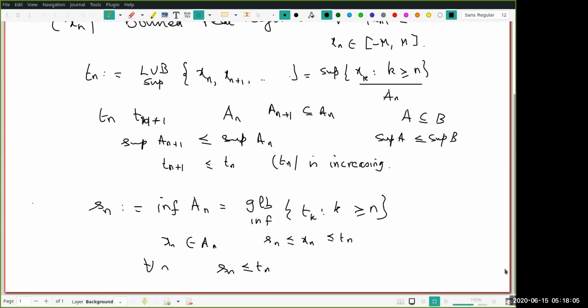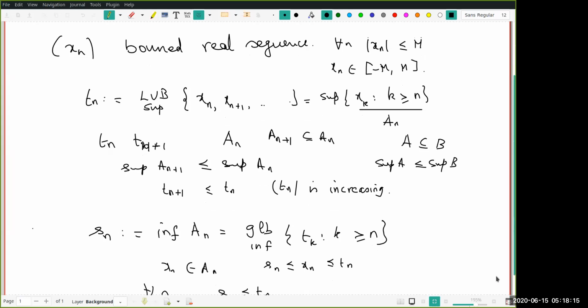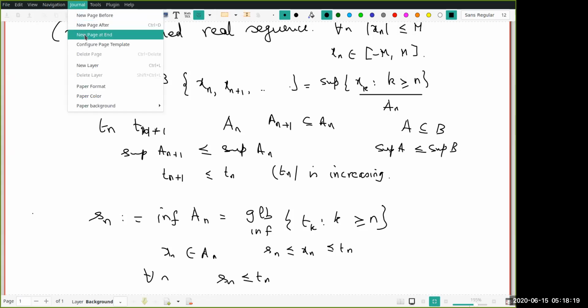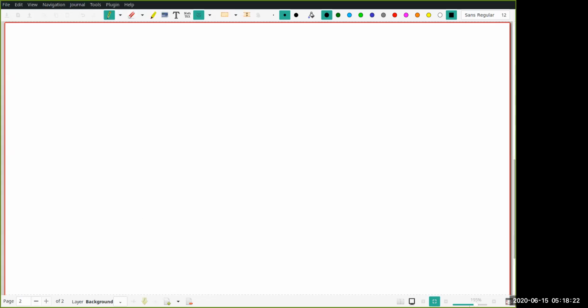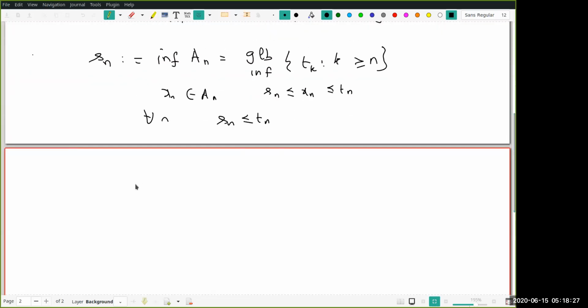Now we want to observe the pattern of Sn. It's a sequence. Notice that we saw Tn is a monotone sequence. So I invite you to make a guess: what do you think the nature of the sequence Sn would be? Again, it depends upon the same answer. Suppose A is a subset of B, assume non-empty. What's the relation between infimum of A and infimum of B?